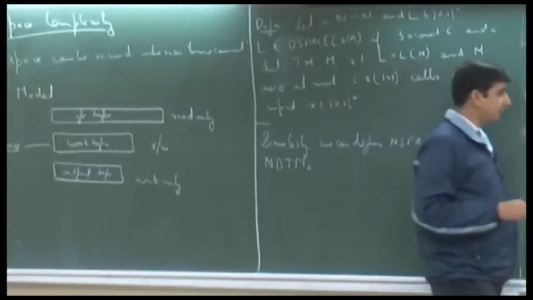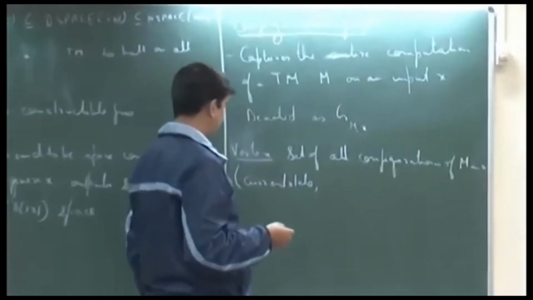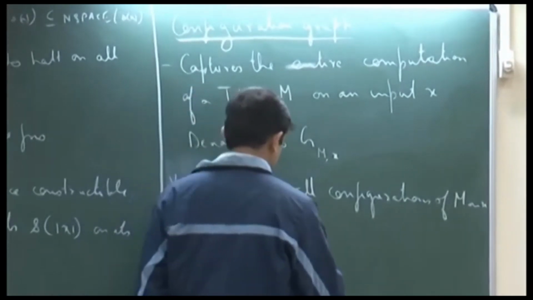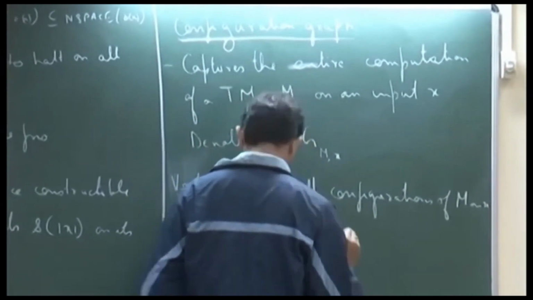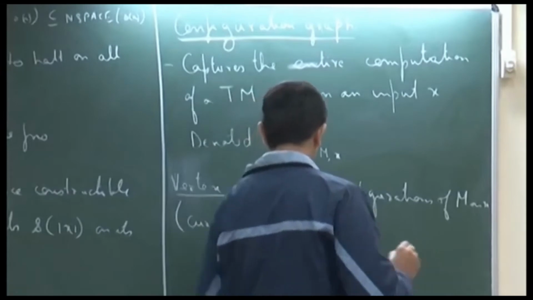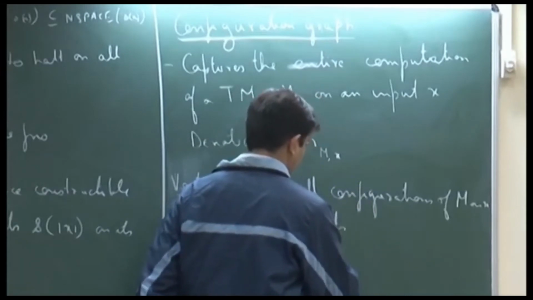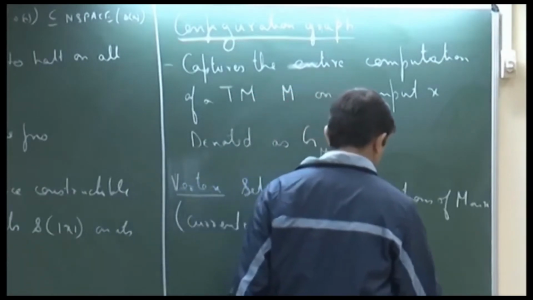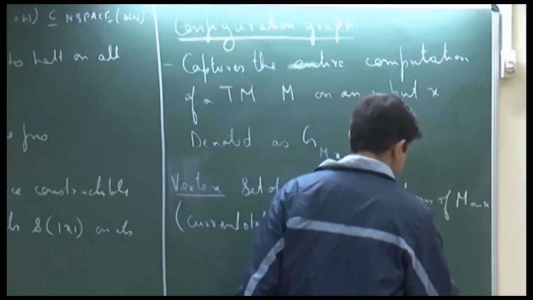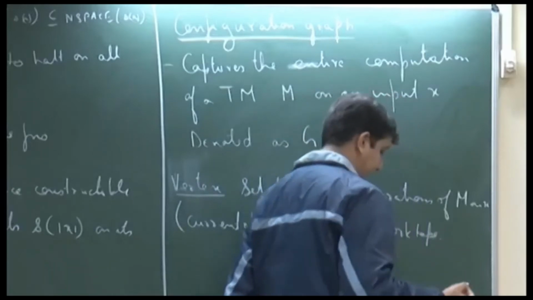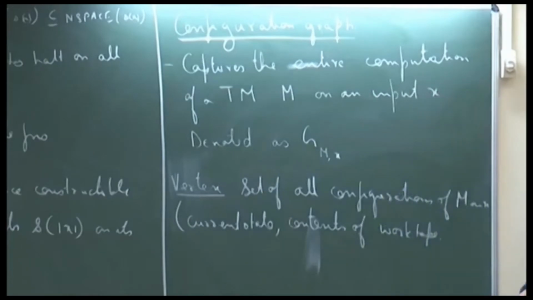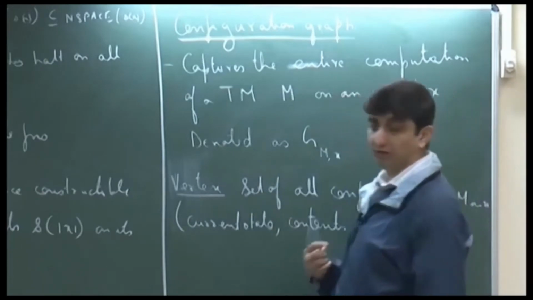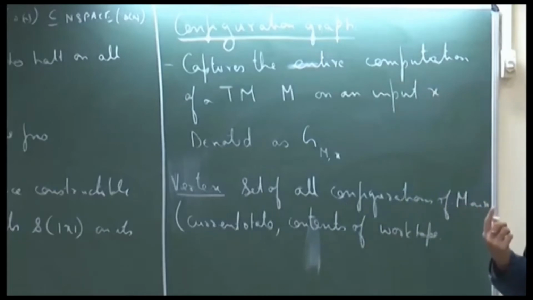So, we look at the contents of the work tape, and we also need to know the positions of the various heads of the Turing machine. For example, where is the input head, where is the work tape head, and so on.